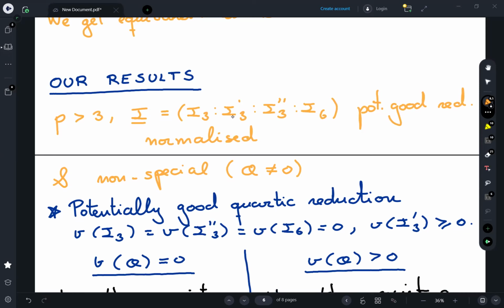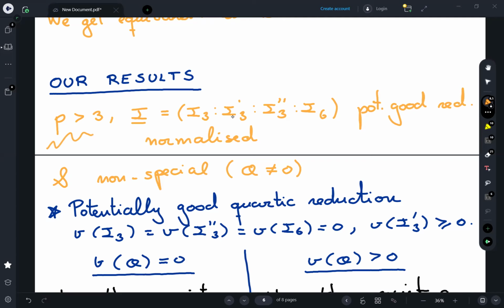It's just that the computations at some point became really messy, and we preferred to simplify the results and give them in the generic case. The generic case first is p greater than 3. This is because of the extensions that we were playing with. The Galois group is a subgroup of S3, which has cardinality 6, so we want to avoid the divisors of 6.